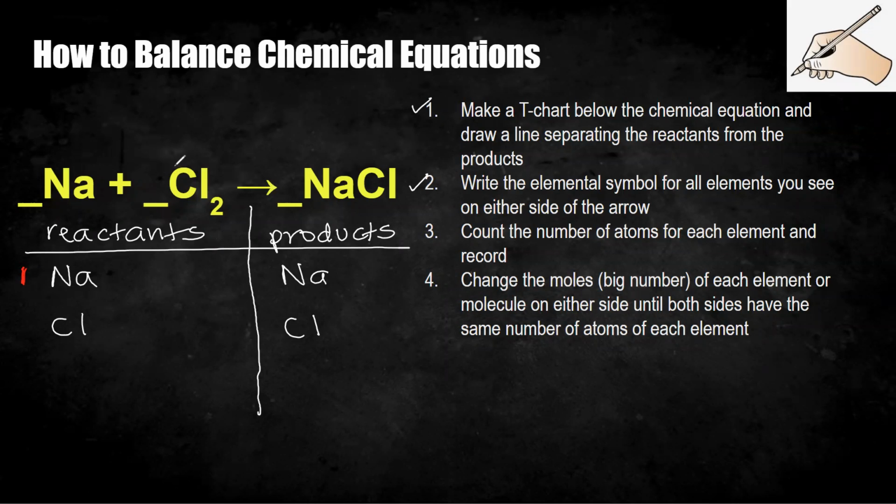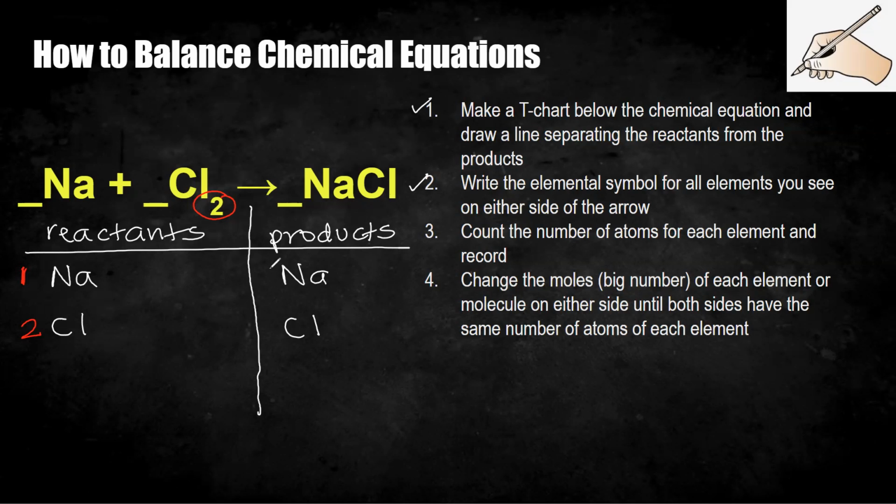And I don't see a coefficient in front of chlorine, but I do see this subscript. Remember, whenever you see a subscript, that still indicates you have 2 atoms, or however many atoms that subscript is. Okay, so I see 1 sodium and 2 chlorines.